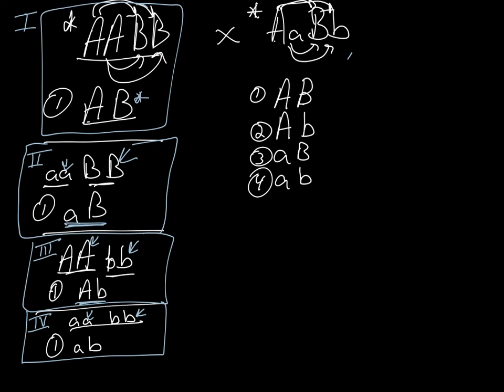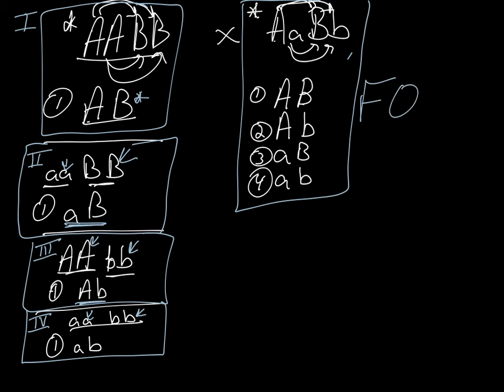Where the heterozygous can produce four possible gametes, right? So that's the key. That's why FOIL is necessary for this question of how many possible gametes you can produce.